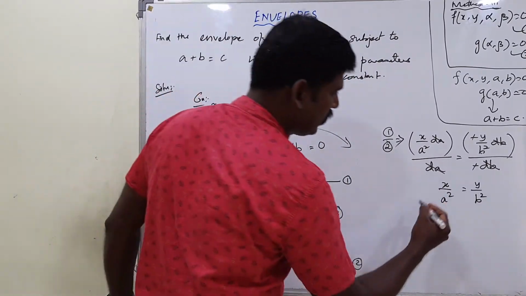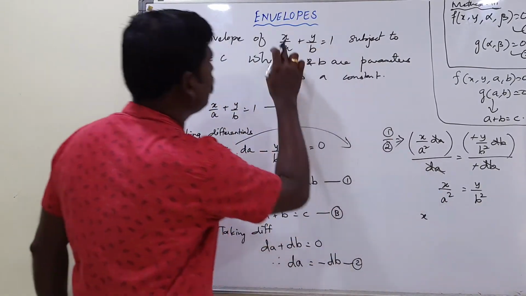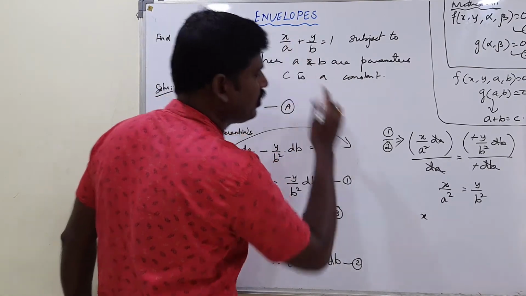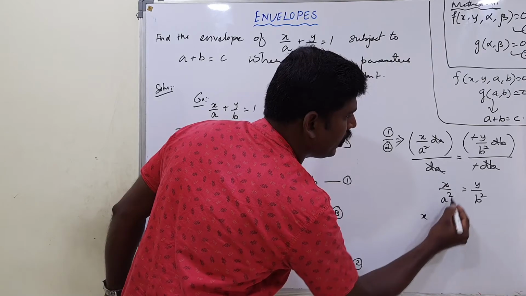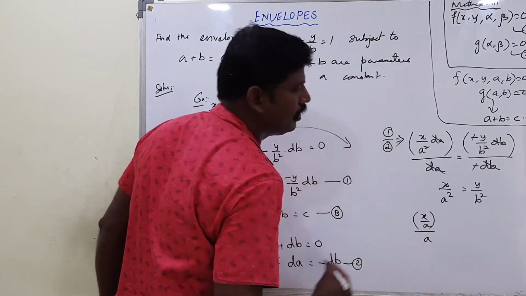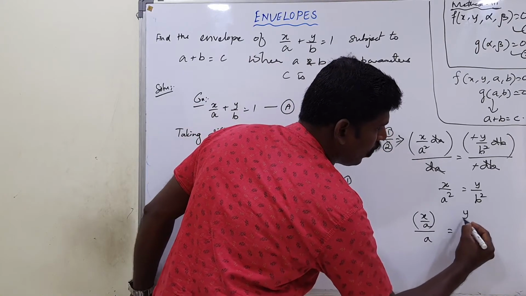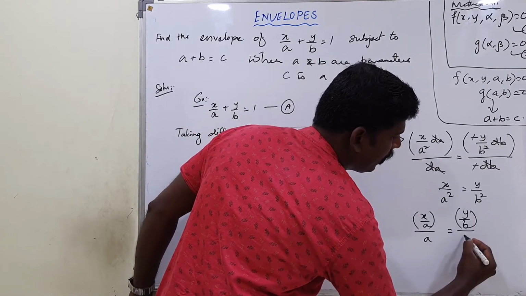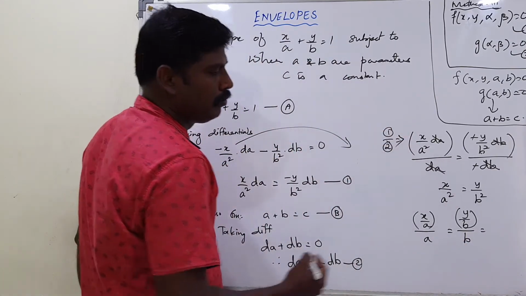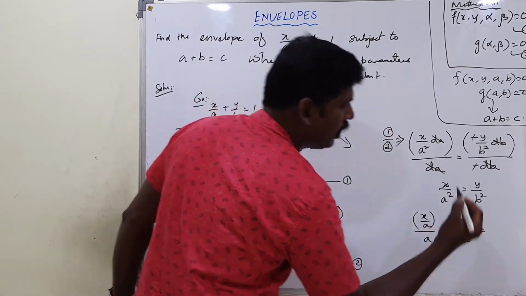I can rewrite this. What is given here? x by a plus y by b equal to 1. To make it this form, I take a into the numerator and keep another a in the denominator, same like that y by b by b. By the componendo-dividendo method, I add numerator with numerator and denominator with denominator.